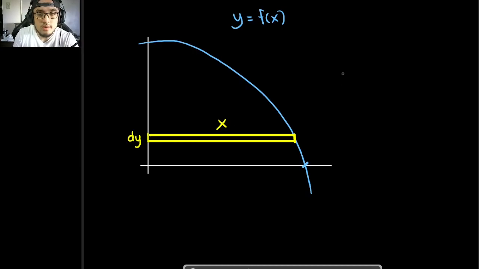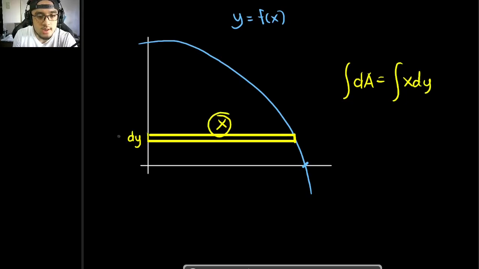So the integral of our differential area is equal to the integral of x times dy, since the differential area is equal to x times dy, since this is just our very small rectangle.